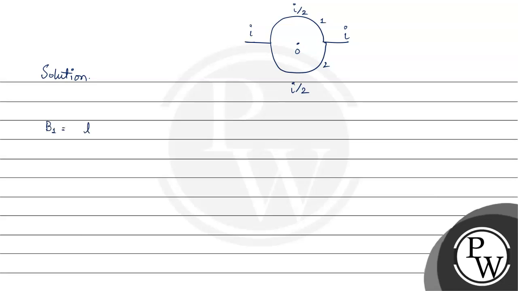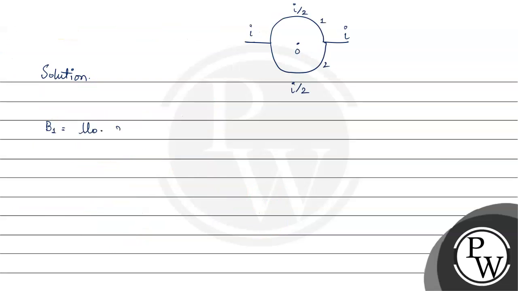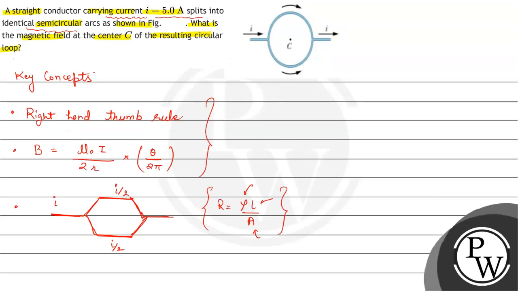It will be equal to mu naught into I, so current will be equal to I by 2, which is 2.5 ampere, over 2 into R, the radius.